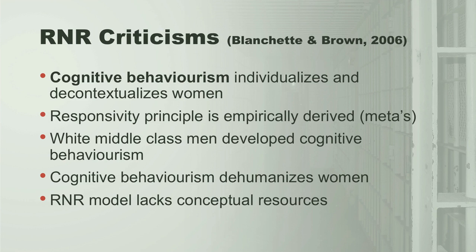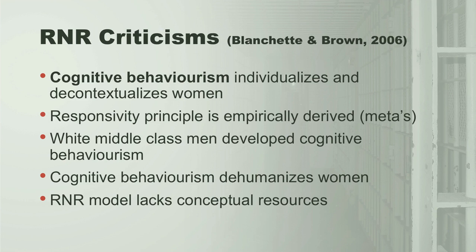They argue that cognitive behaviorism, this focus on individual thoughts and patterns, is just wrong because it's wrong to decontextualize women from their environments, and it's wrong to individualize them. So fundamentally, a number of criminology-oriented scholars are anti-psychology, right?